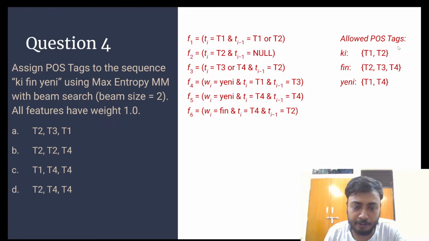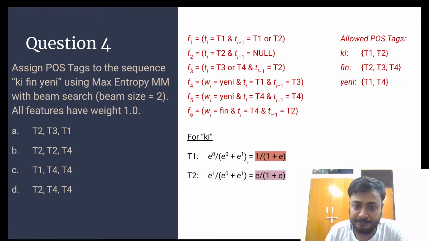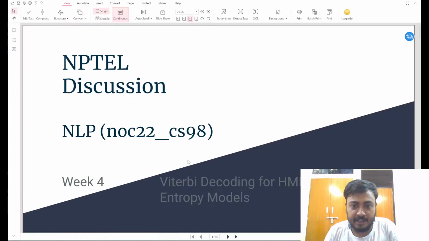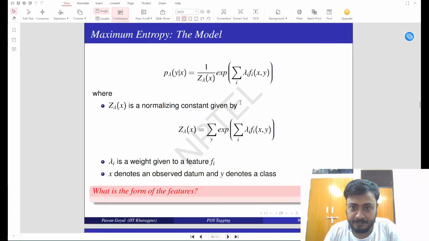So how do we do this? The first word is key, and the possible tags are T1 and T2. So you have to calculate the value which I said before, which is this one. You have to calculate this first for T1 and then for T2.